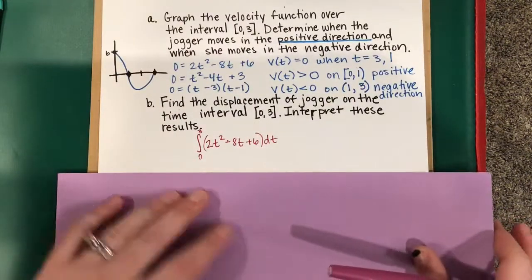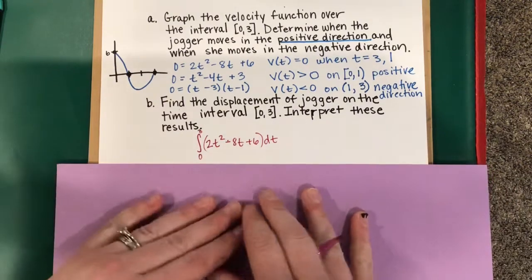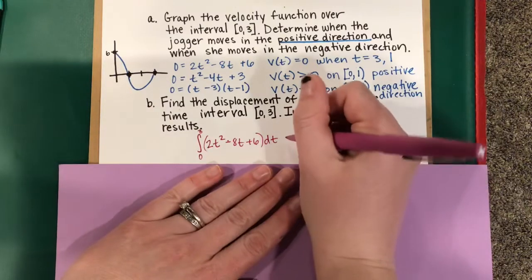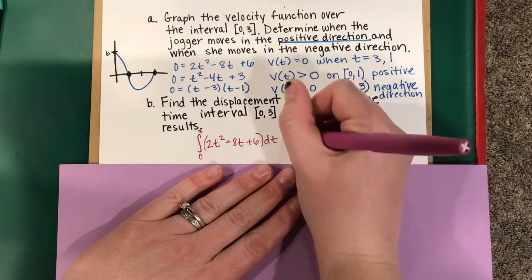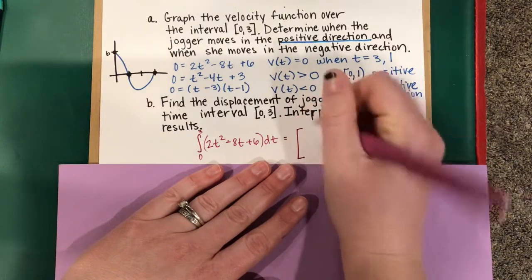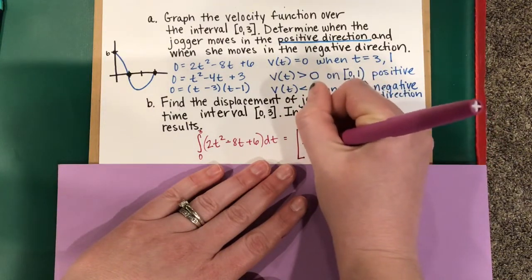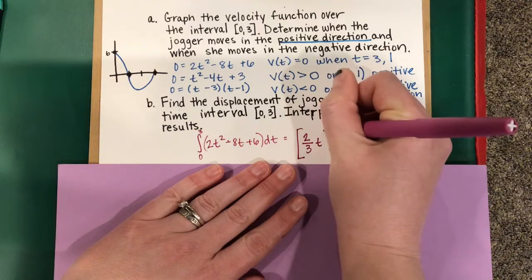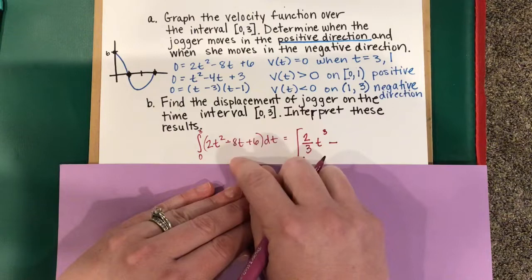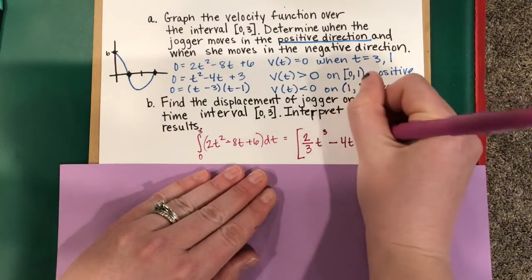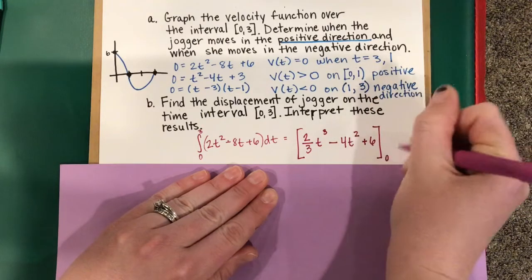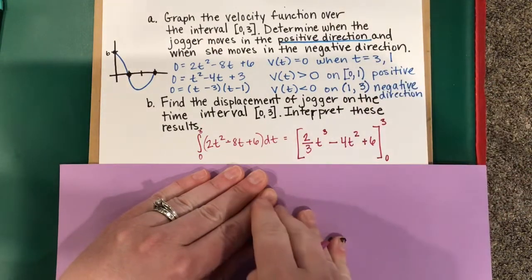So if we're looking for the displacement of this, I have my function. And displacement, well, signs matter, so we're looking for signed area. So all I have to do is find this integral. When I look for my antiderivative of this, we end up with 2/3 t to the third minus 8t squared over 2, so minus 4t squared plus 6t, from 0 to 3.